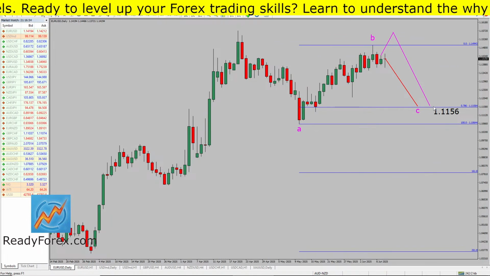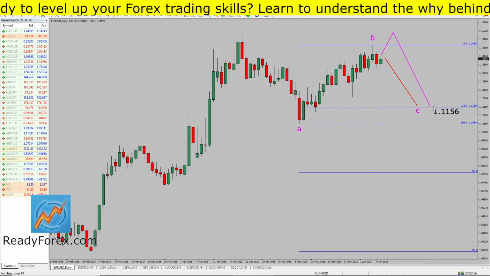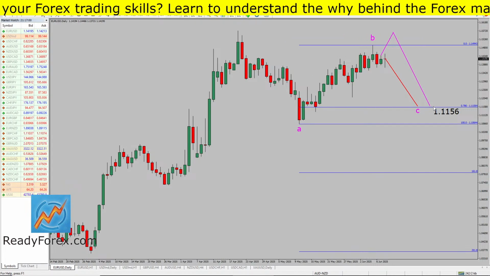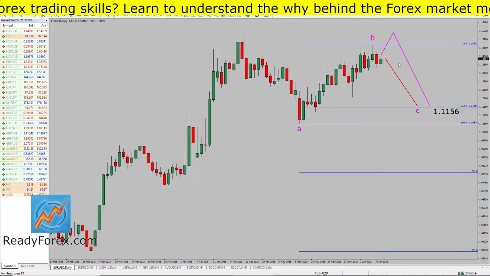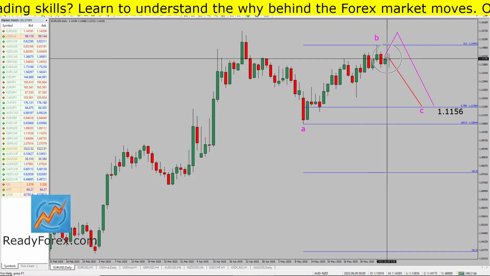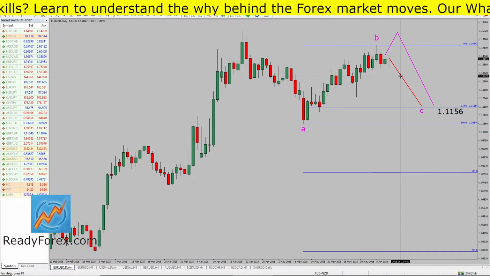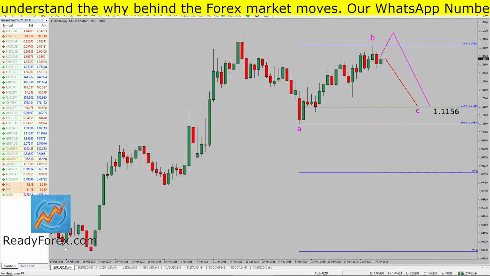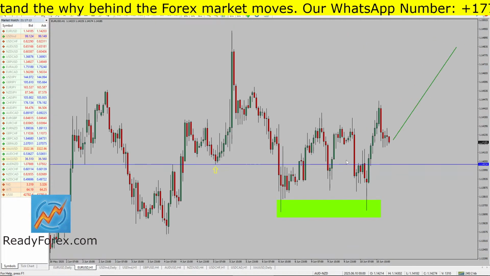Okay, so the way I see, expect more upside in the euro dollar currency pair. The second Elliott wave count suggests price action is going to drop from current levels around the 1.6 area. So my forecast is bullish.